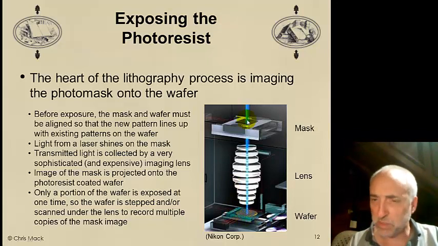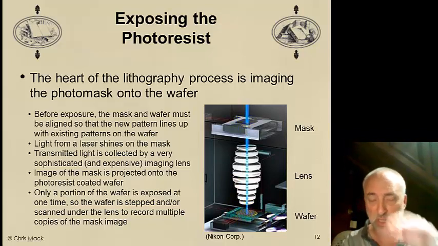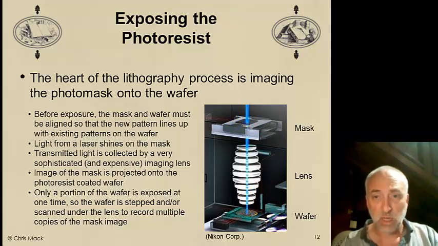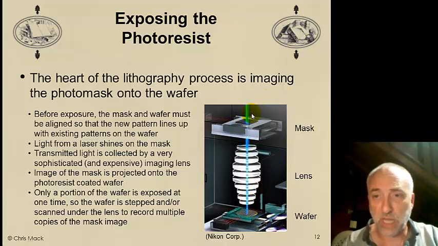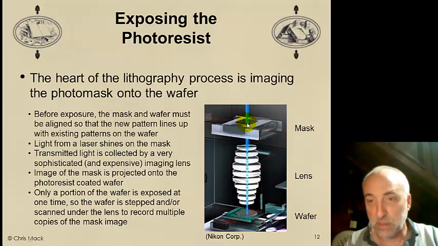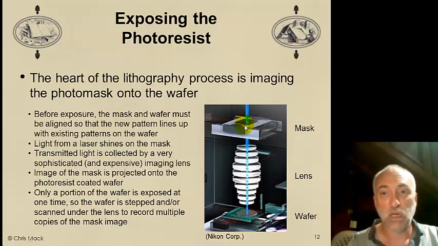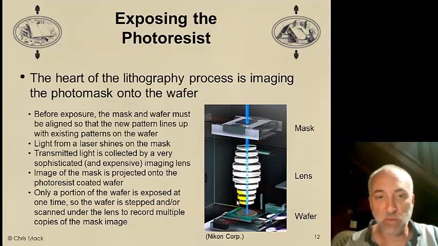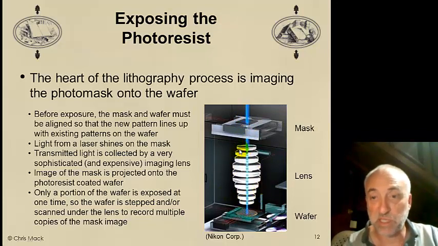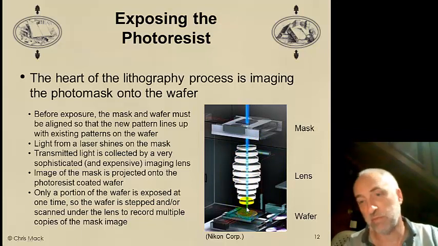Before we can do this exposure, the mask and the wafer have to be lined up properly. In an alignment step, we shine the light. The mask transmits in the clear regions and does not transmit or is absorbed in the opaque regions. We collect the transmitted light with our very, very expensive lens and project the image onto the wafer.